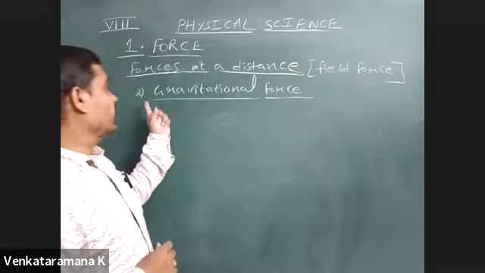How does it come under field force? Up to a certain region above the Earth, up to certain kilometers, it can influence its force of attraction. If you cross that limit, the Earth can't attract any other object. That region is called the Earth's gravitational field.